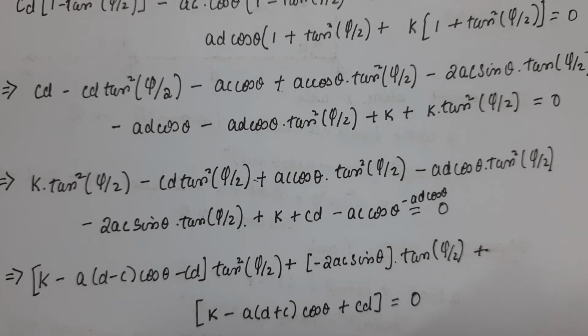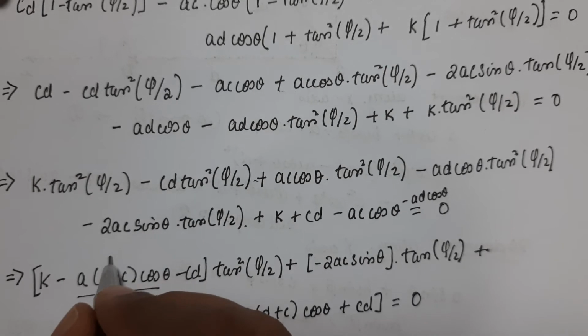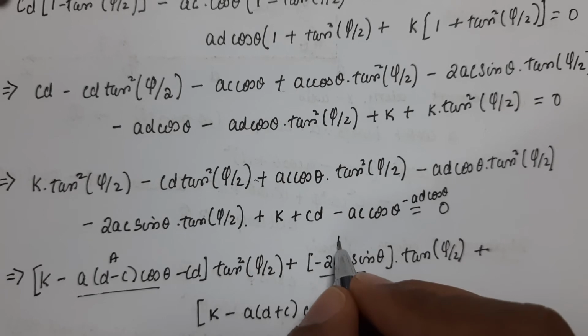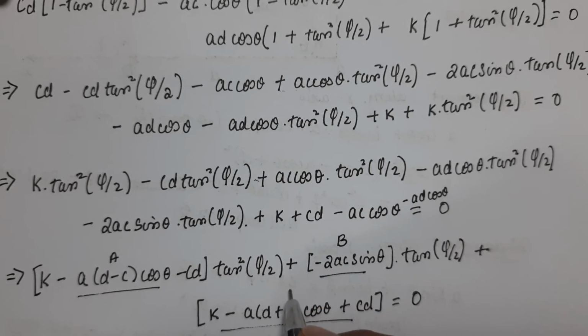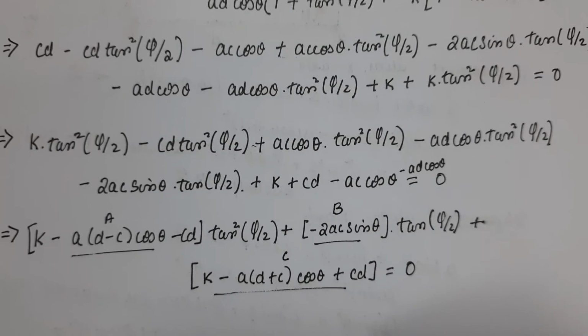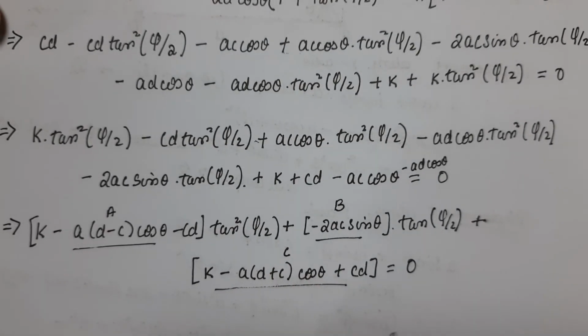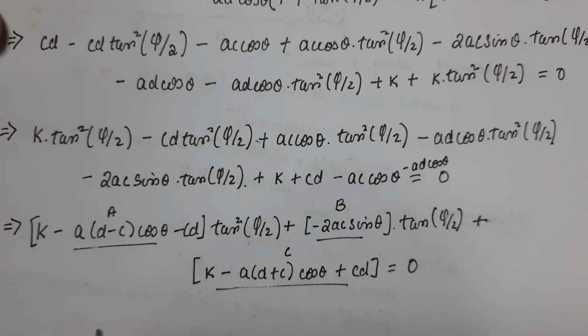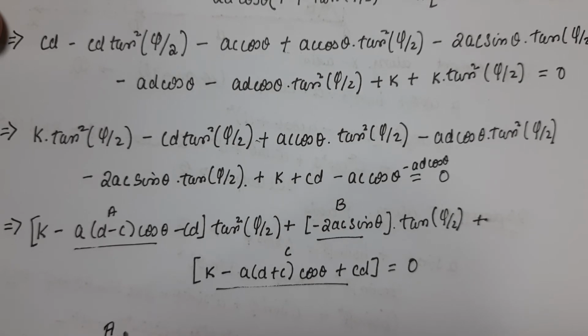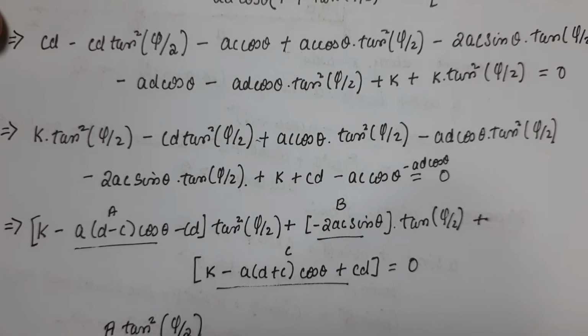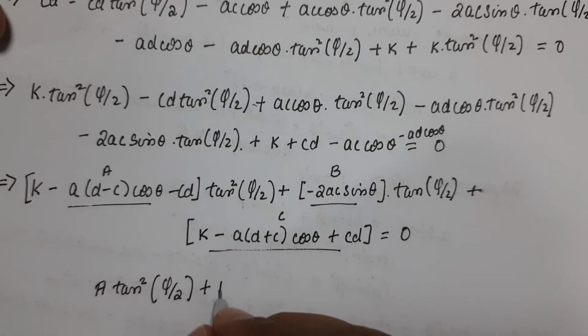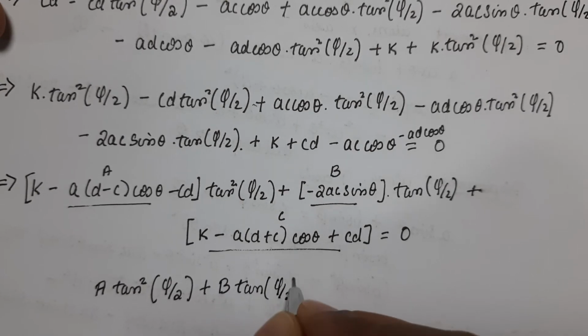We'll consider these as A, B and C, so we can write it in a simpler form: A tan square phi by 2 plus B tan phi by 2 plus C is equal to 0.